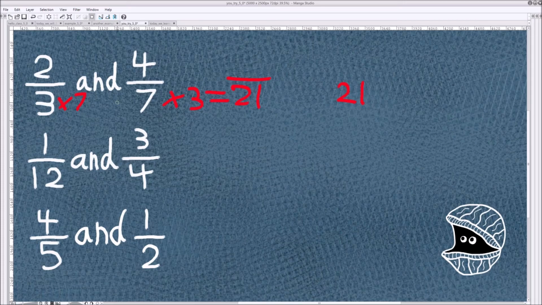Remember, whatever we do to the bottom number, our denominator, we also have to do to our numerator, the top number. So 4 times 3 equals 12, and 2 times 7 equals 14. So these are our fractions with the lowest common denominator.